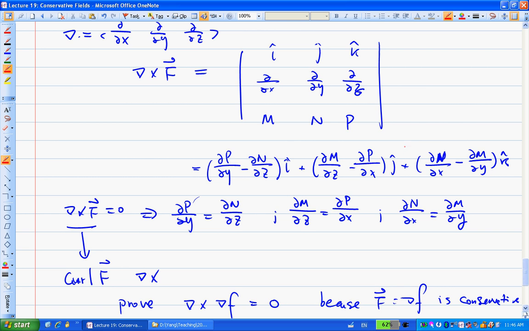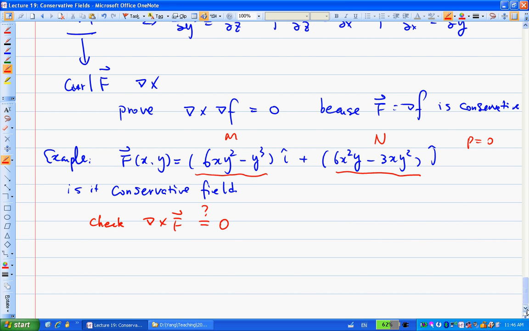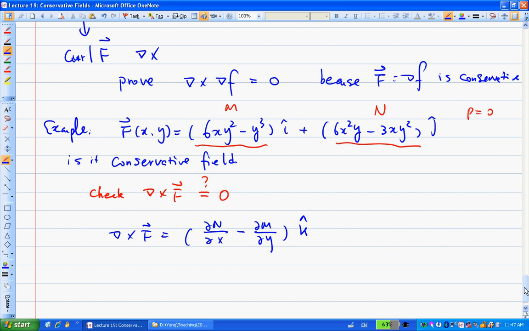So del cross f in this particular case is just partial n over partial x minus partial m over partial y, k hat. That applies to any 2D situation.